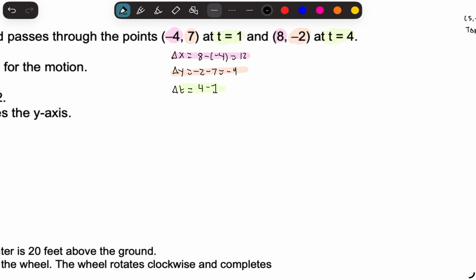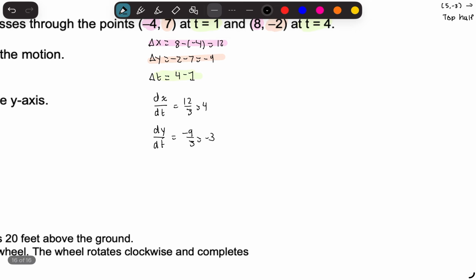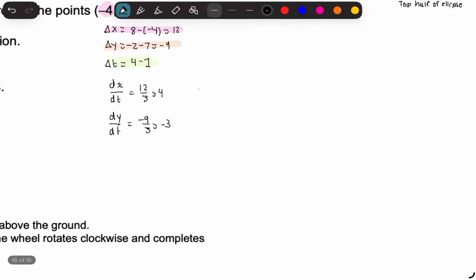So our rates here are going to be: x is equal to 4t plus b, y is equal to negative 3t plus c.